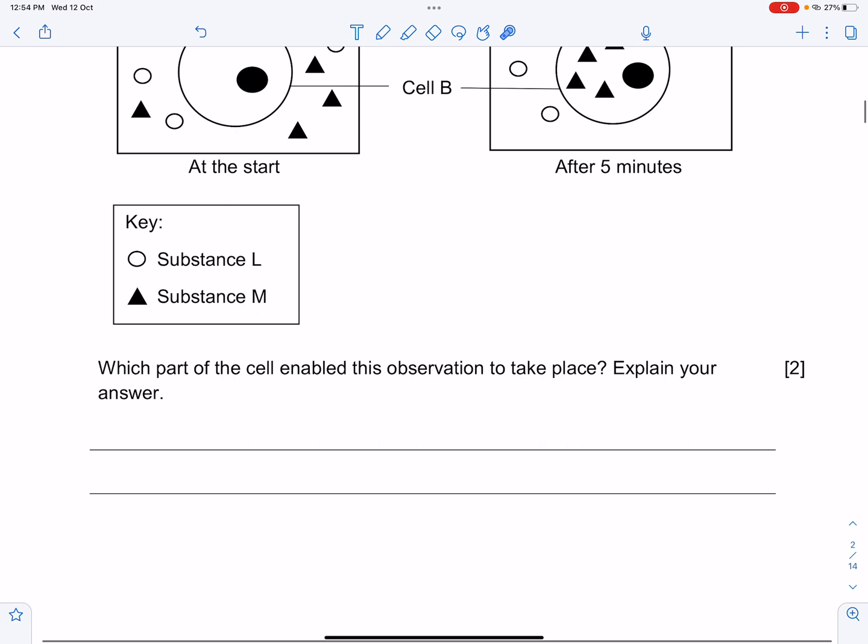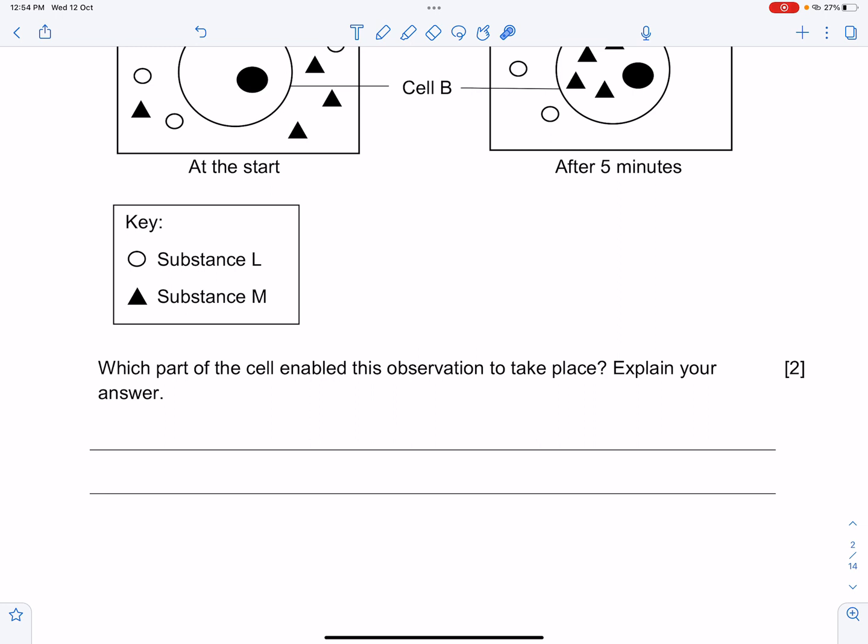So which part of the cell enabled this observation to take place? So obviously, when you see this, it means that there must be some selection of items, right? That allows things to go through. So which part of a cell actually has this selection ability? That is actually your cell membrane.